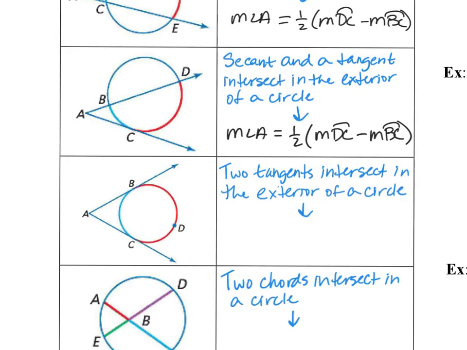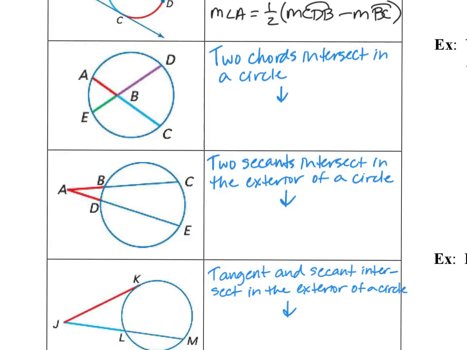So to find the measure of angle A, we're going to take 1/2 the difference of 2 arcs again. So we'll take the measure of the major arc, which we're going to call arc CDB, and we'll subtract from that the measure of the blue arc, BC. And so the measure of angle A is equal to half the difference of those 2 intercepted arcs.